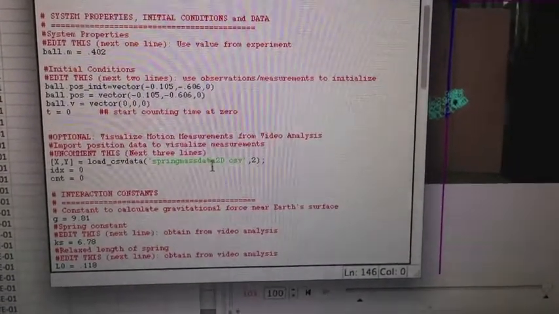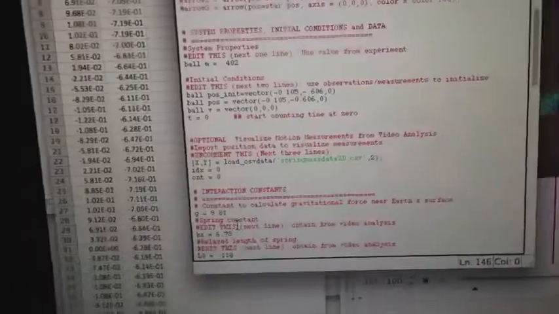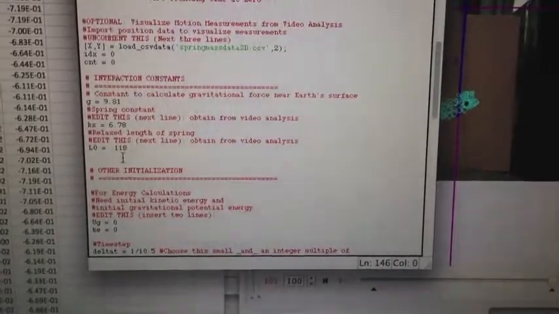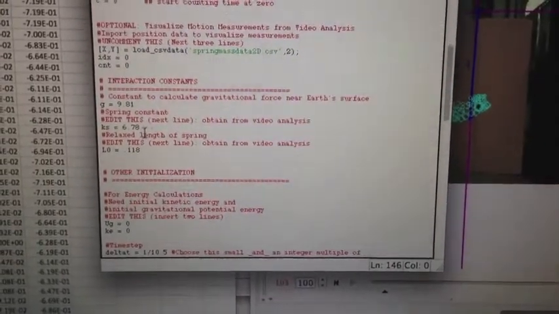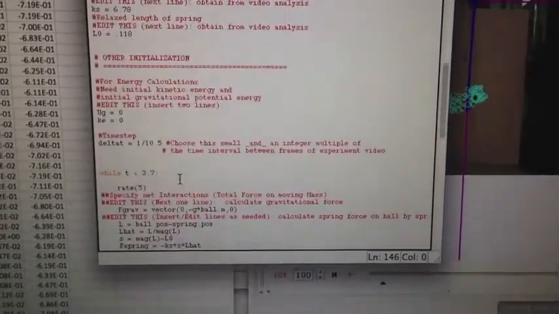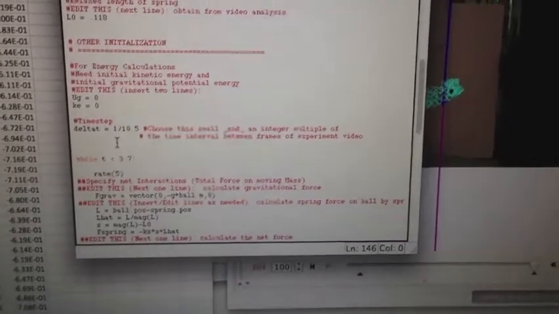Right here, the spring mass data 2D, that's all my data points in Excel, so it's going to take into account those. My relaxed length of the spring is 0.118, and my spring constant is 6.78, and I found those using Hooke's law. So my delta T was 1 over 10.5, as they had stated in the video.